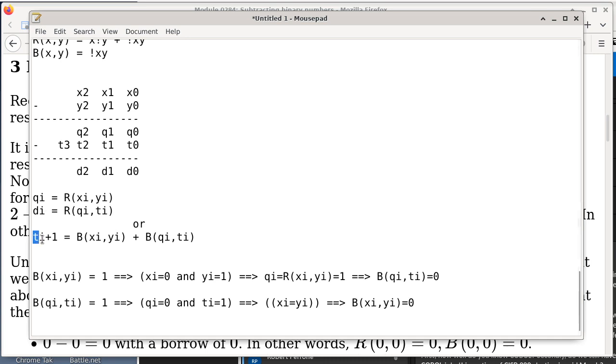And then we express all the T's using the borrow of xi, yi and the borrow of QI, TI. So we have the same structure as addition. So yes, you can make a borrow ripple subtractor, just like we can make a carry ripple adder. And they will look very similar in terms of structure. The only difference is a negation.